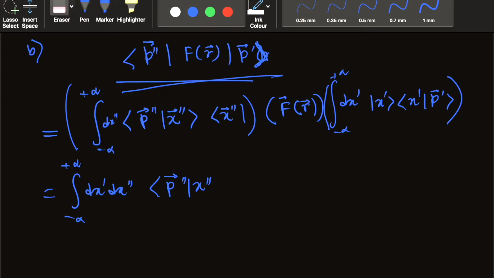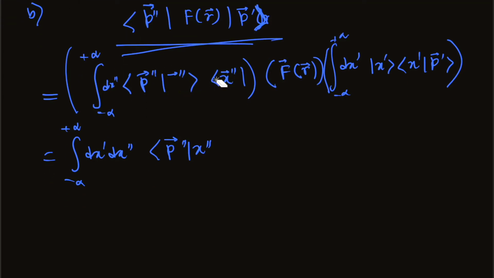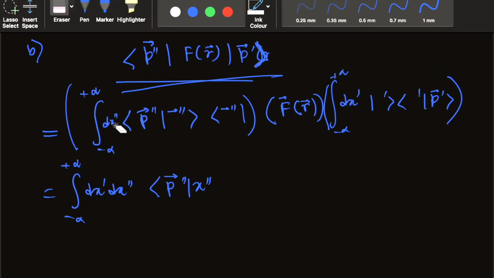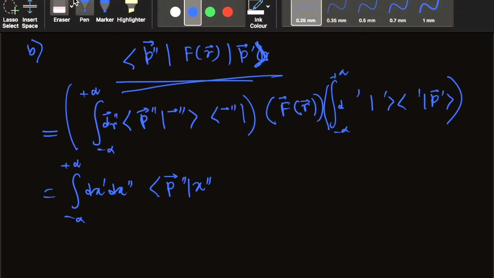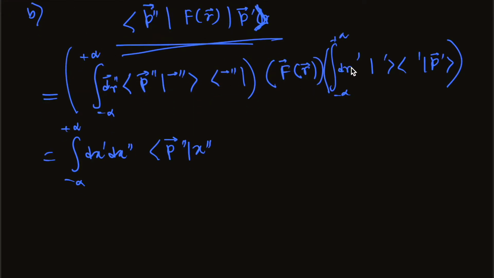Actually let us write it like R. This is R, and this also. So d^3r'' vector, r', r', r', everyone is a vector.